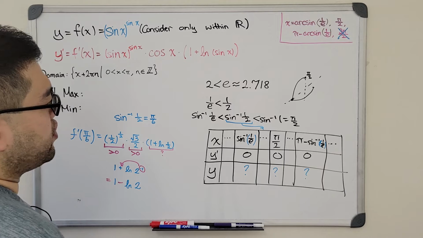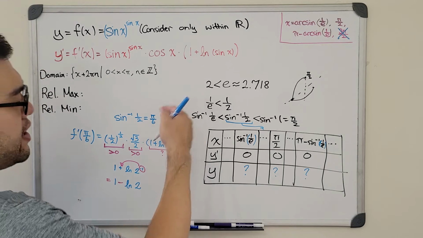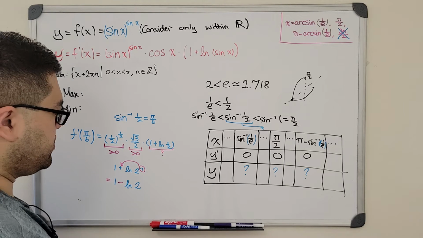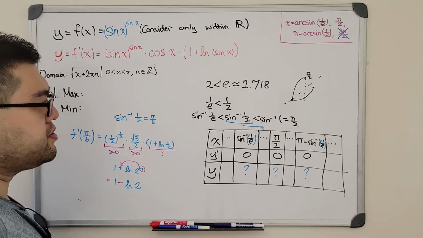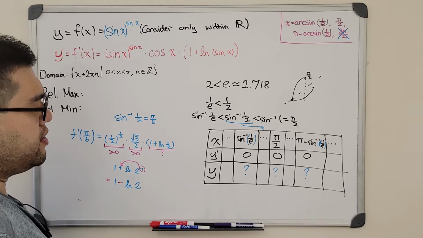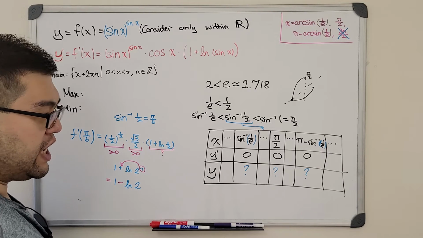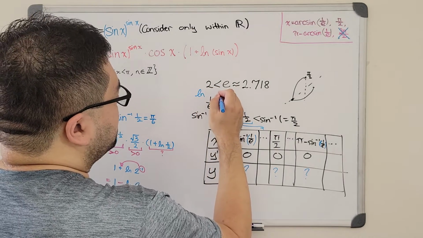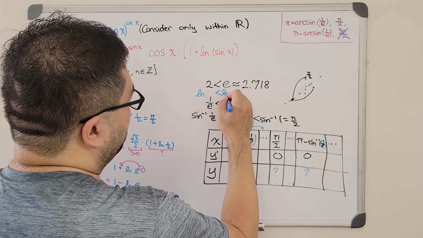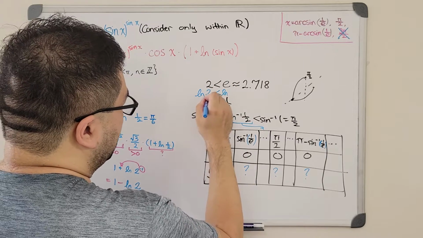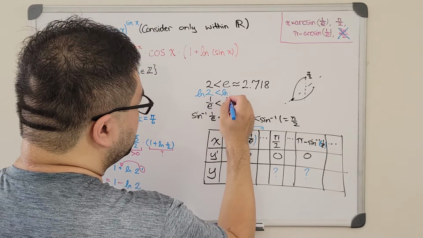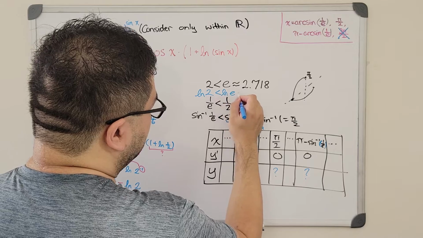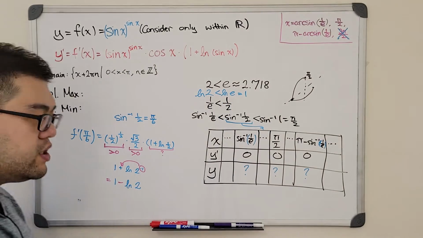Okay, so how do we do it? Again, the logarithmic function, or natural log function, is monotonic increasing. So we don't have to flip the sign as we put ln in front of the values. So we end up with ln of 2 strictly less than ln of e, which is by definition equal to 1.